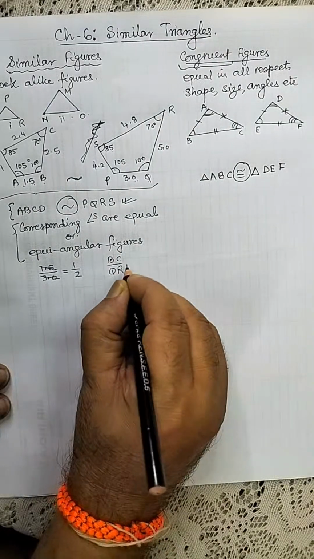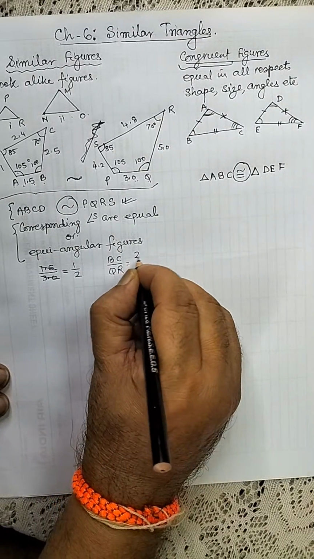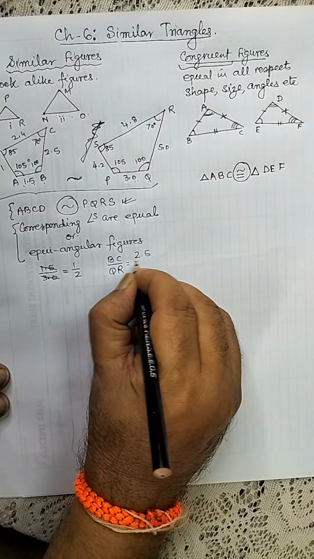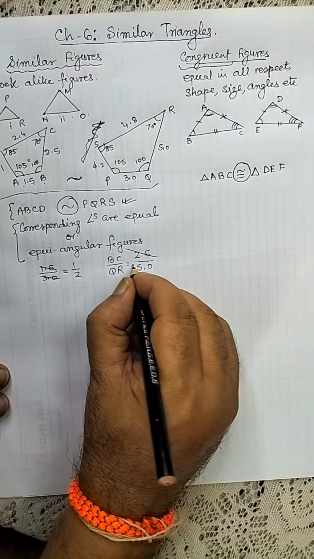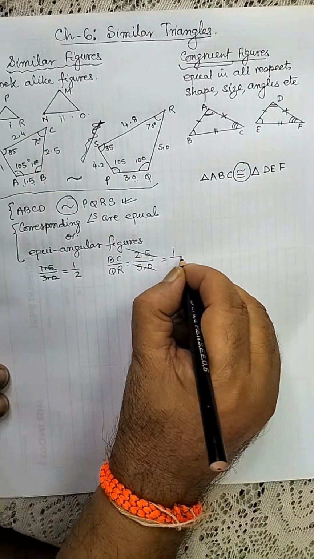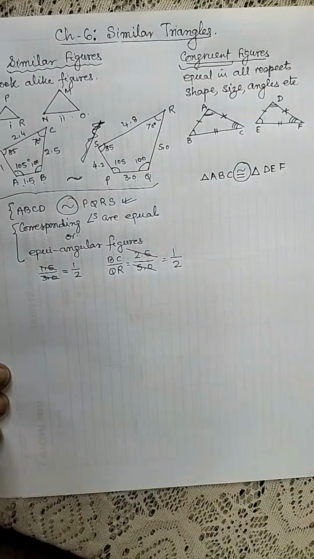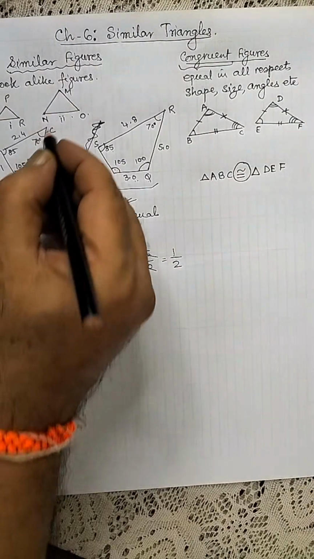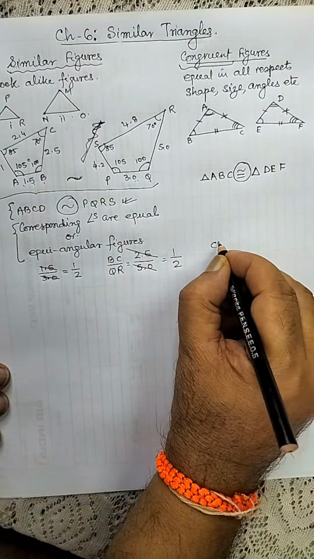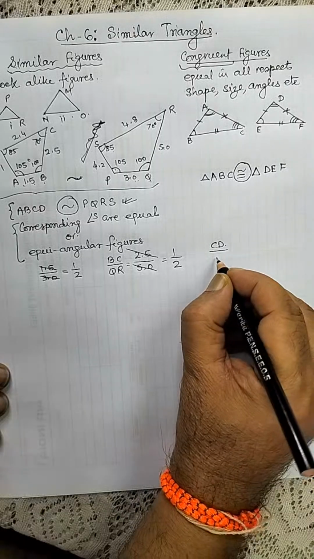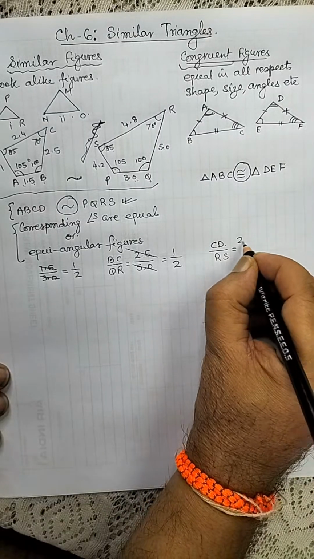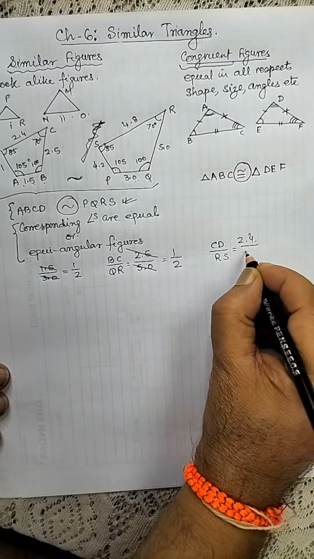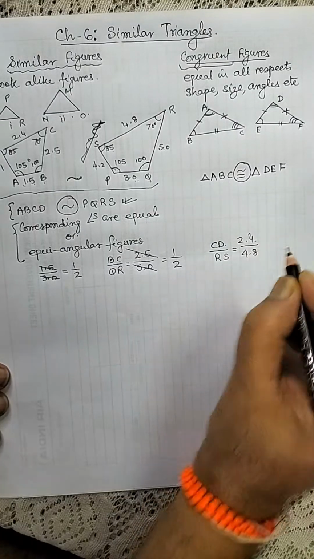Now when I compare BC and the corresponding QR, BC is 2.5 and QR is 5. When we simplify, again we get 1/2. Similarly, if I take the ratio of CD and RS, CD is 2.4, RS is 4.8.